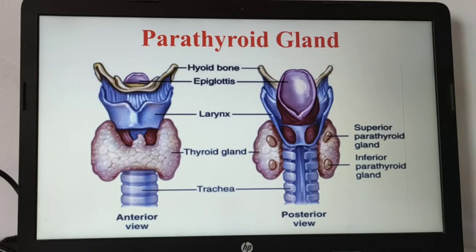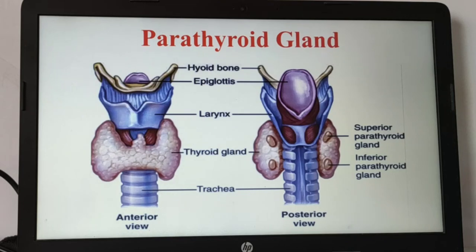This disorder is called osteoporosis. That means in osteoporosis our bone doesn't get proper calcium concentration, and because of this the bone's capacity reduces, resulting in softening, bending or fracture.